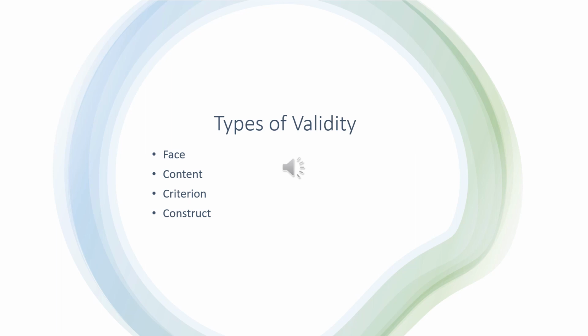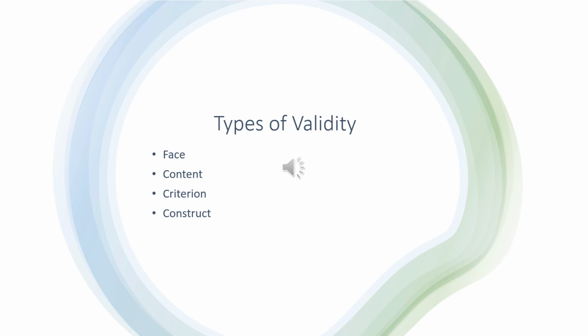So face validity is the mere appearance that a test has validity. So if I gave you an arithmetic test and asked you about geographical places, that would not have face validity.